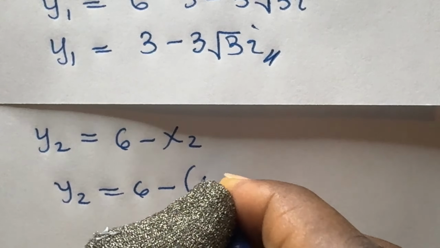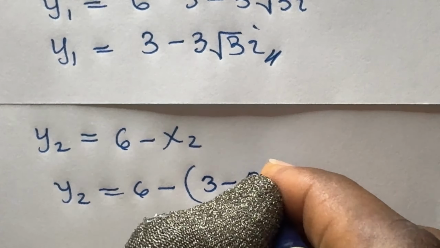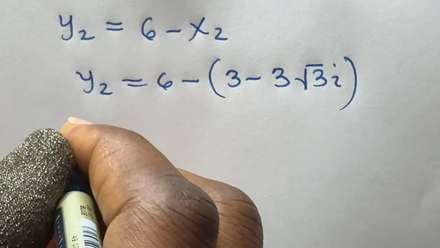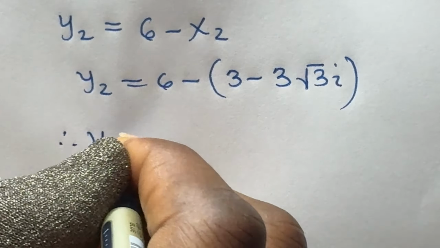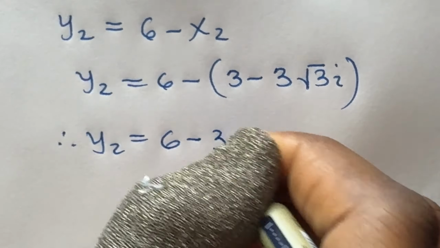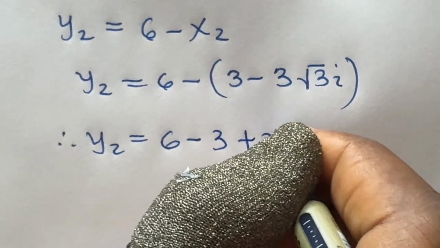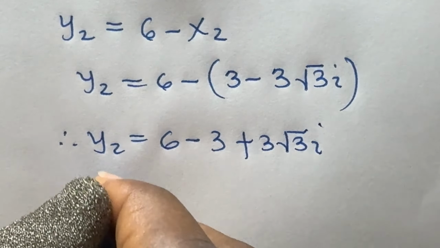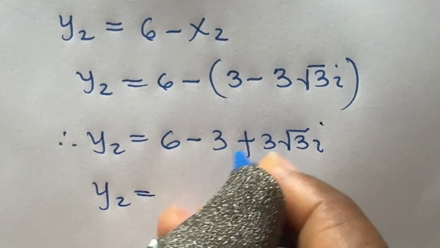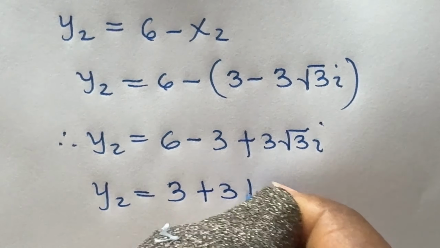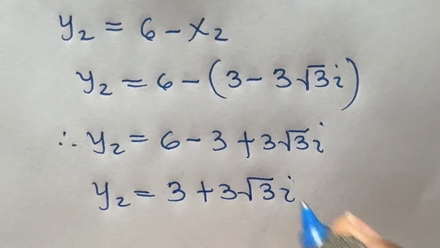So we have 3 minus 3 root 3i. Therefore, y2 is equals to 6 minus 3, then plus 3 root 3i. y2 is equals to 6 minus 3 is 3, then plus 3 root 3i.